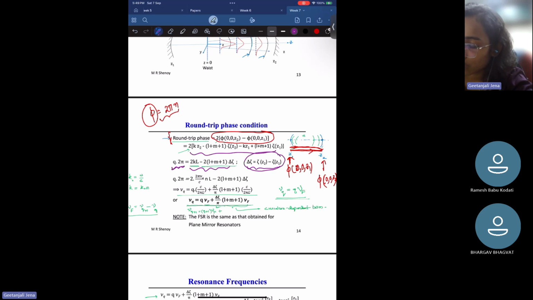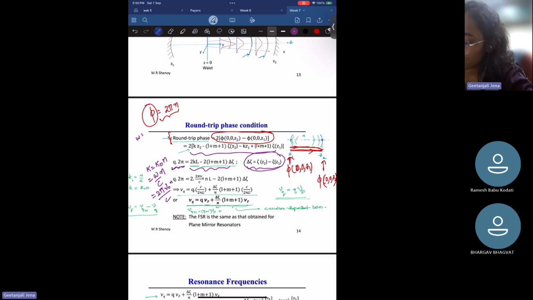Now you just have to put the value of k. k is nothing but k0, the free space wave vector, times the refractive index, and the free space wave vector is ω divided by c. And ω is nothing but 2π times frequency, 2πν divided by c.